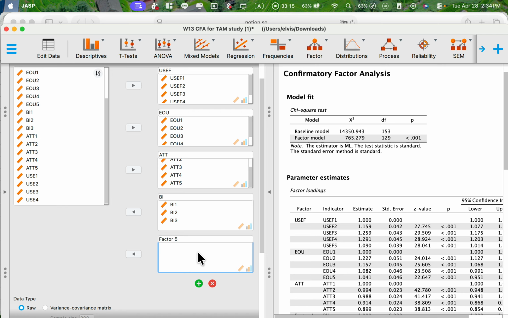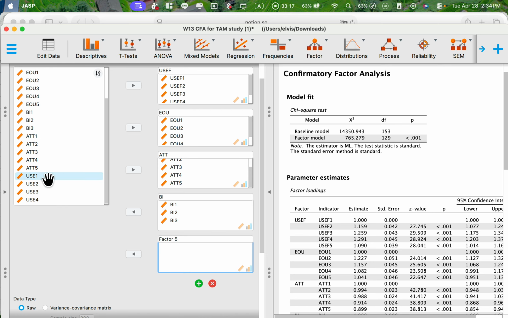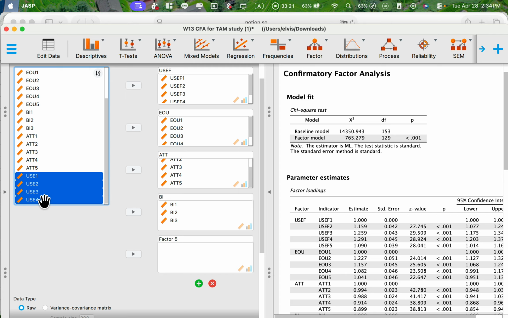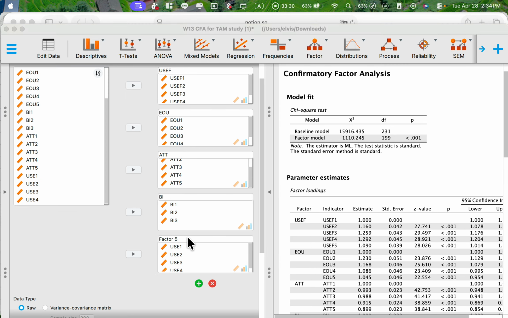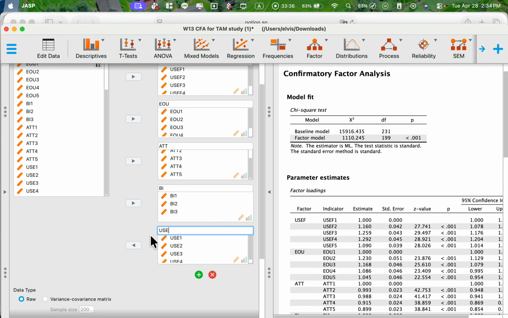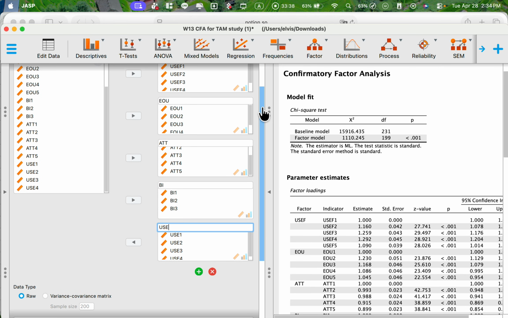So this is factor 5. Now on the left side, select use 1, 2, 4. 4 indicators for usage. This is actual use. So move to the factor 5 and just type USE.